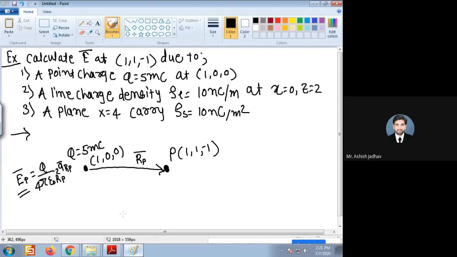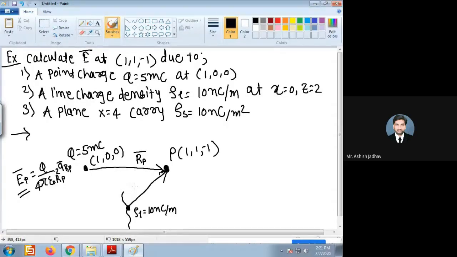Similarly, you have a line charge. So here is the line charge, and for this line charge you have to extend a perpendicular from the given point. Then only you can get another point somewhere here. This line charge is having rho L equal to 10 nanocoulomb per meter.